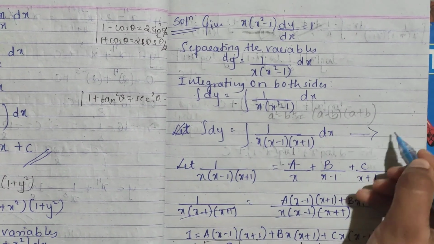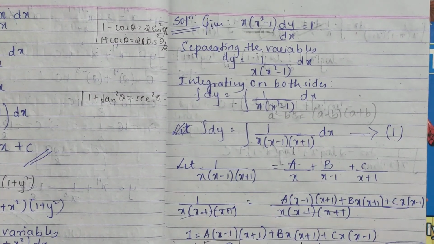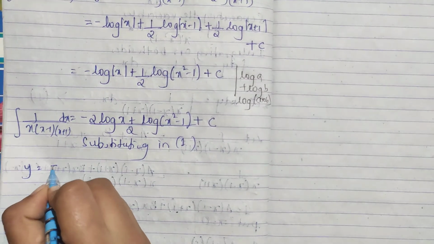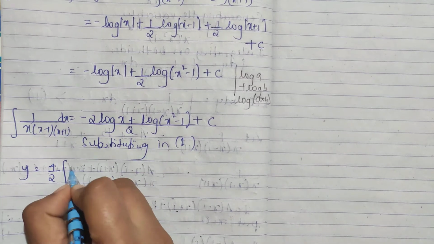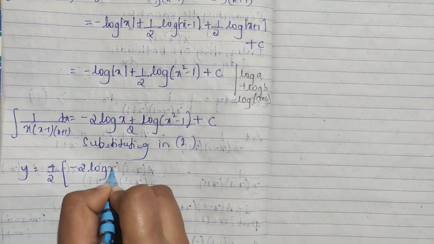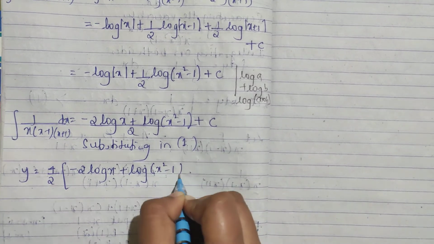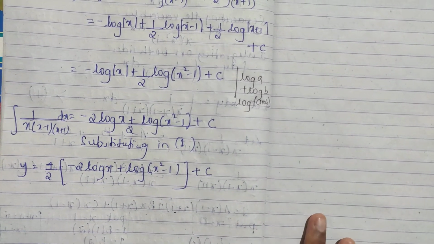So substituting in your equation 1, integration of dy is y itself, right? This 1 by 2, keep it outside only, you will get minus 2 log x plus log of x square minus 1. You can just keep this outside.